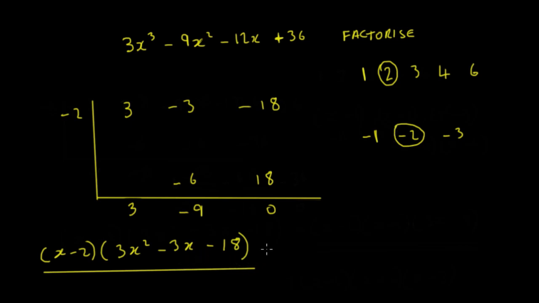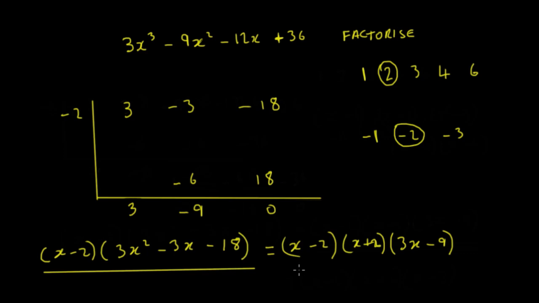So it means that this can then be written as, well, we've got our x minus 2 here, and we can see this one here is getting factored into x plus 2. And we can see what we've got left over here is 3x minus 9. So this is factored, but we could factor it one more time.